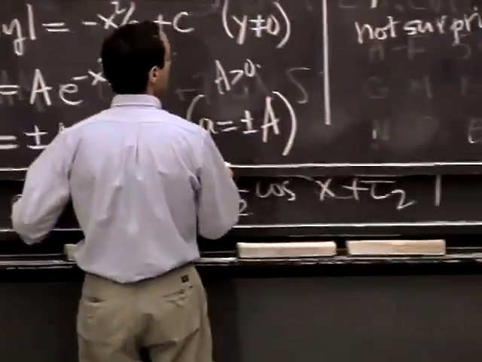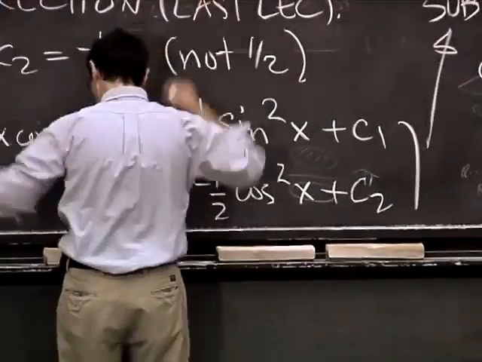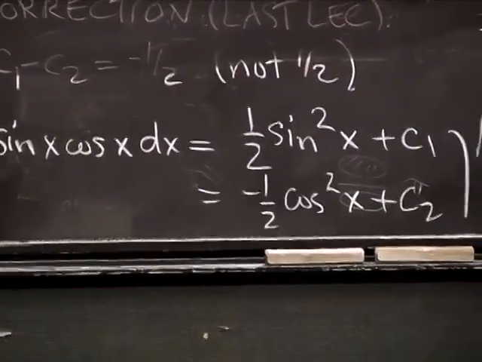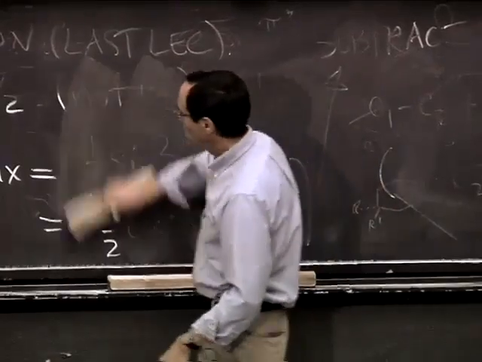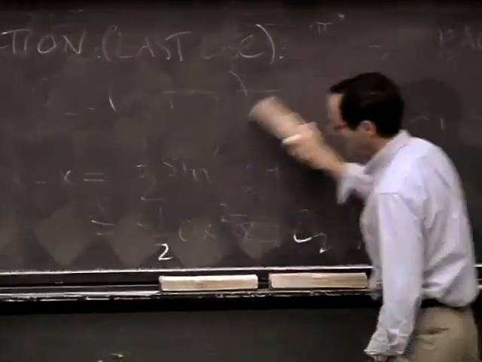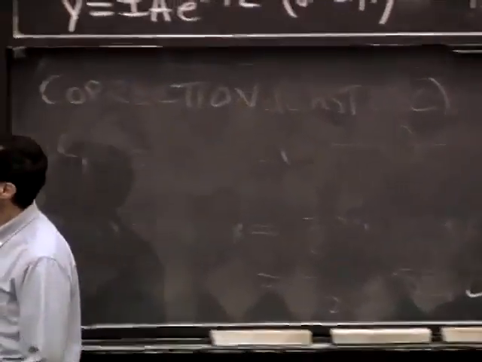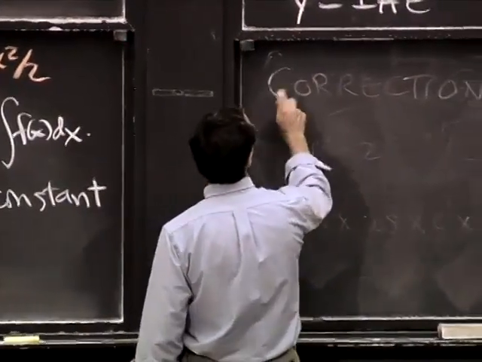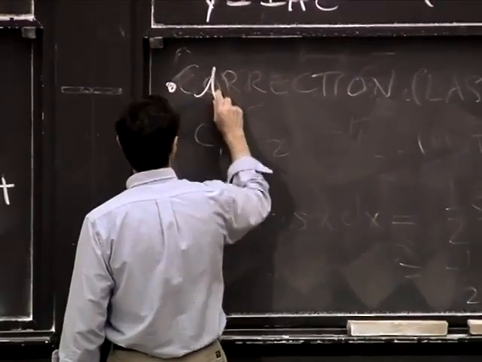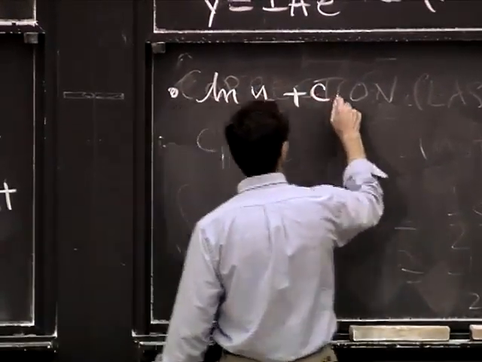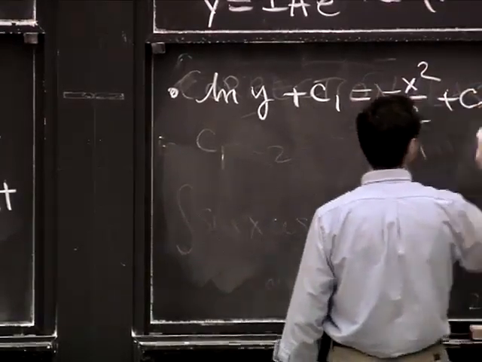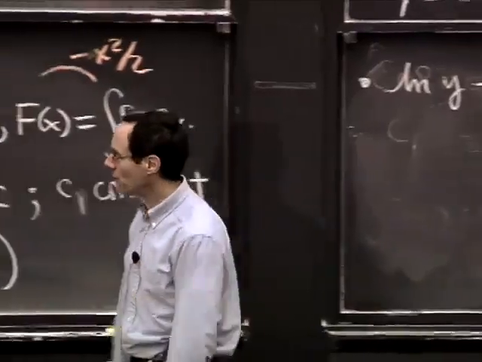Now the second one is almost related to what I was just discussing. I could have also written log y plus c1 is equal to minus x squared over 2 plus c2, where c1 and c2 are different constants.